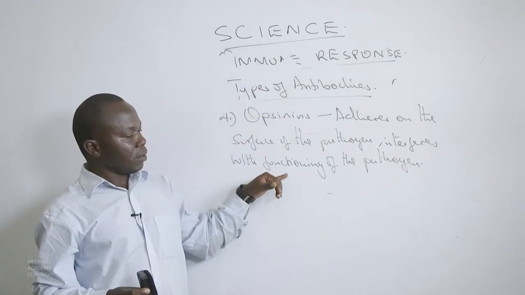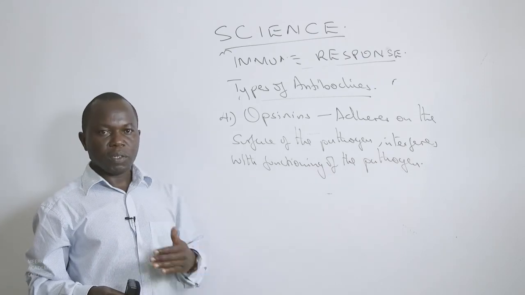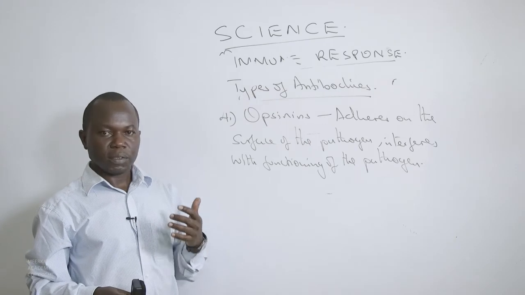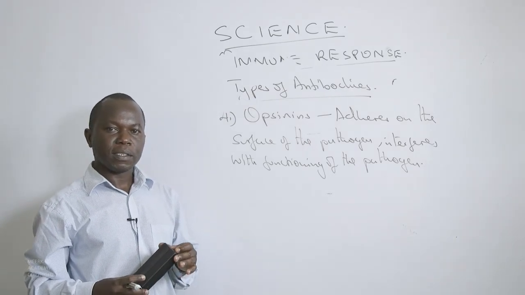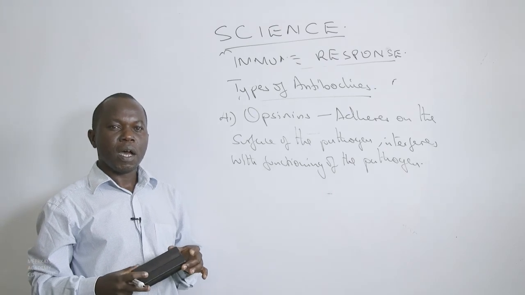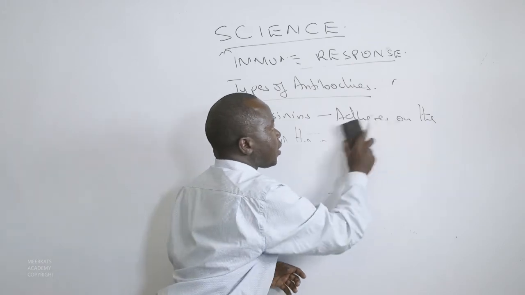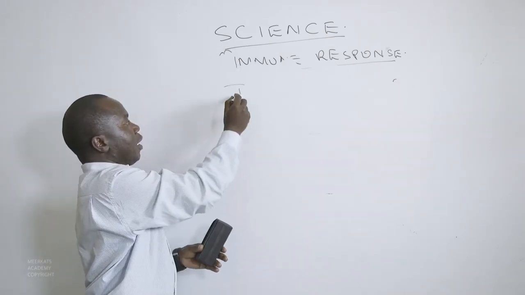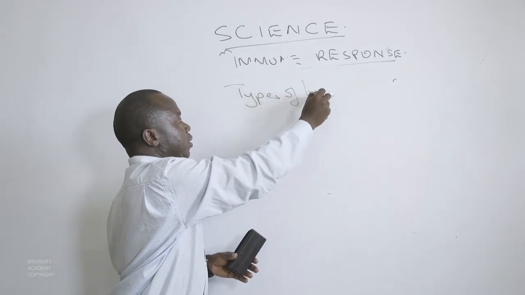So as we get to that point, we shall also be looking at the types of immunity or immune response. We have two types of them: the innate immune response and the adaptive immune response, which we shall be looking at in a later lesson on types of immune response.